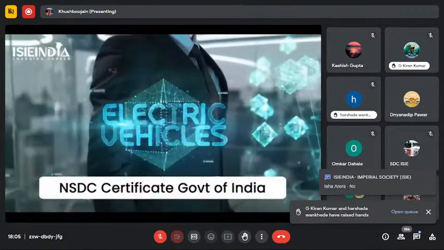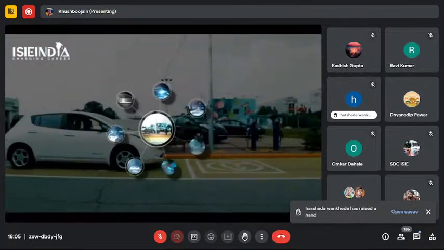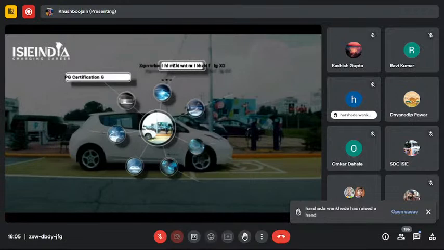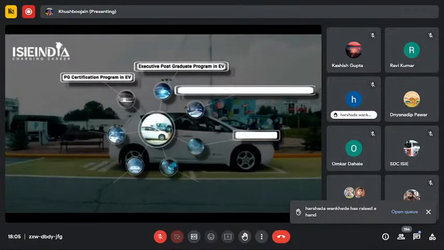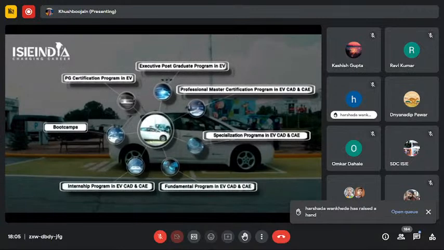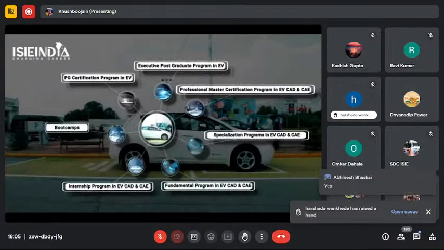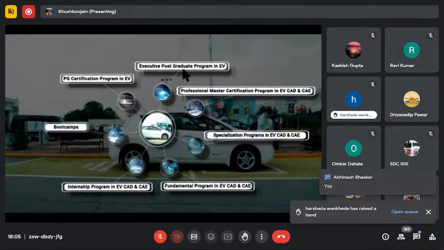We have a range of courses in electric vehicles, computer-aided design and engineering, including postgraduate certification and executive PG programs in EV, professional master certification programs, specialization programs, fundamental programs, and internships in EV, CAD and CAE.